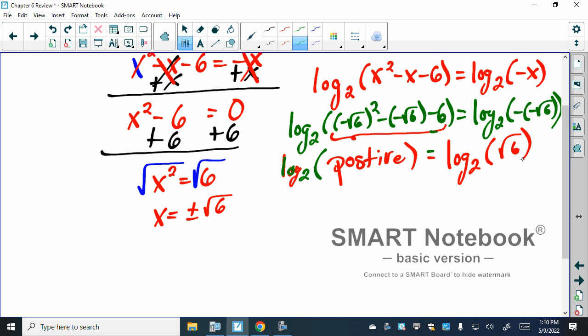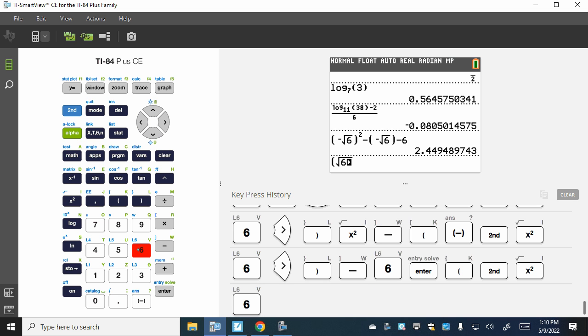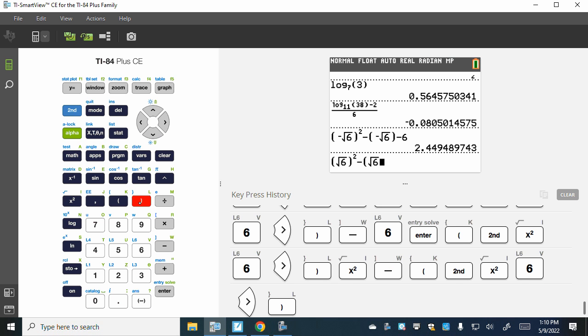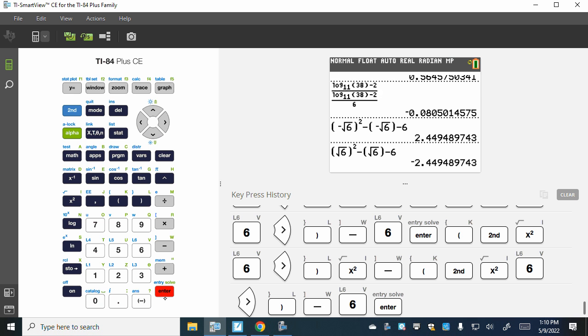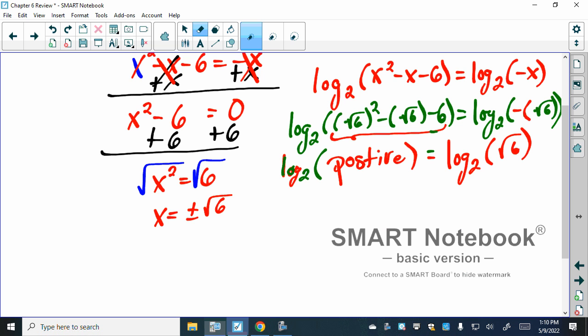Now if we check positive square root of 6, so in each one of these spots, instead of having the negative, if we have it as positive, we want to see, does it still give us a positive? So parentheses, square root of 6, squared, minus and here we get a negative.